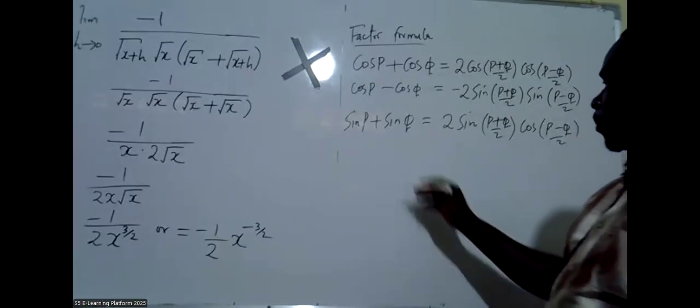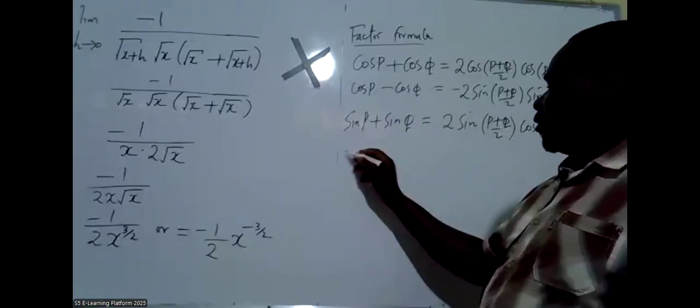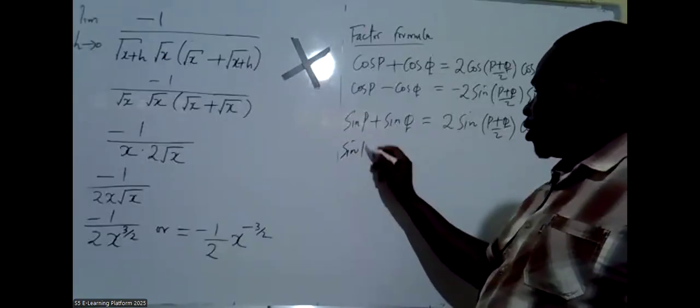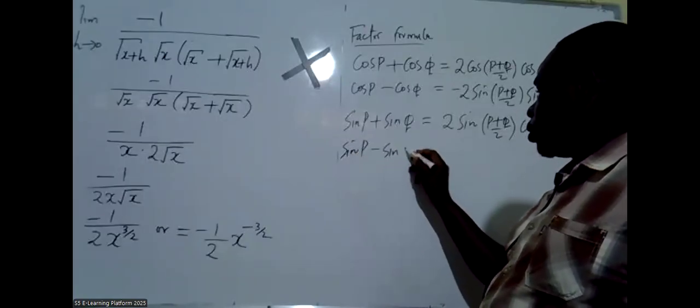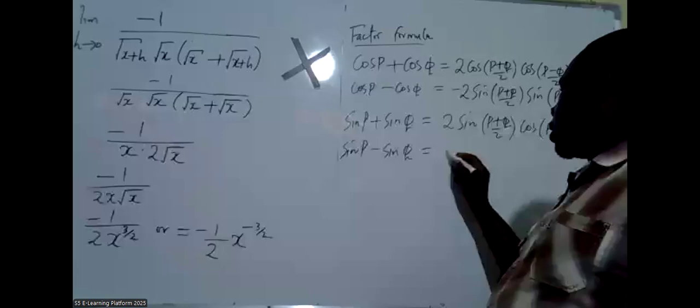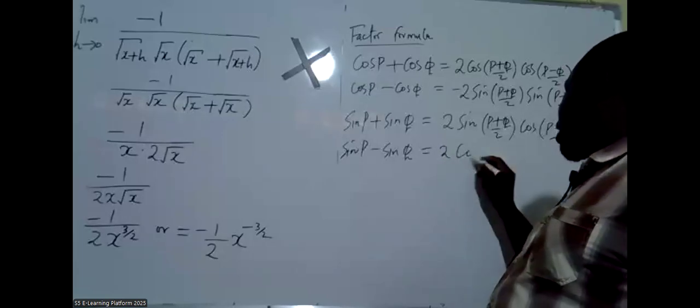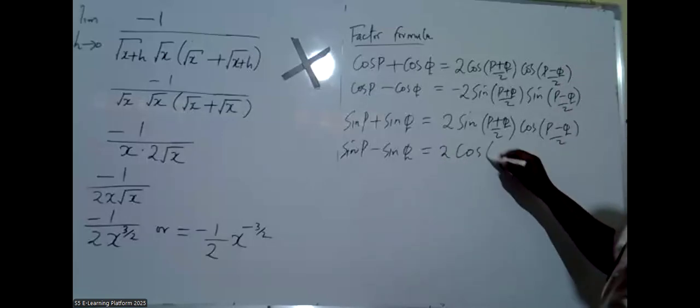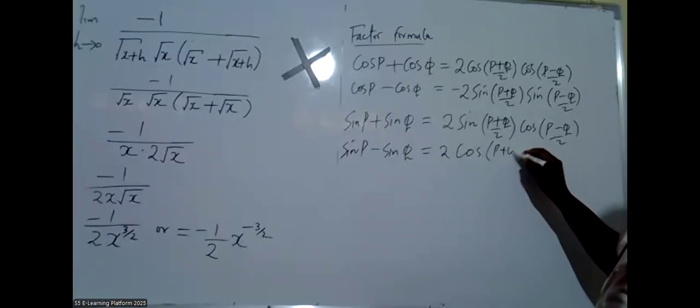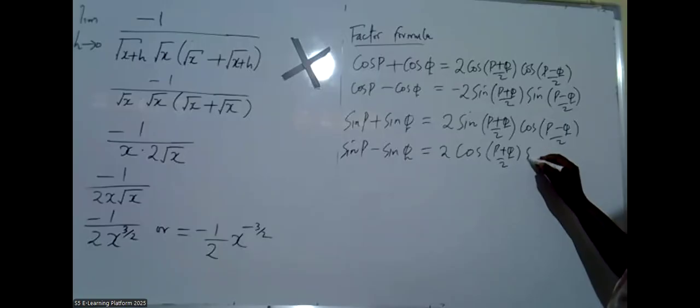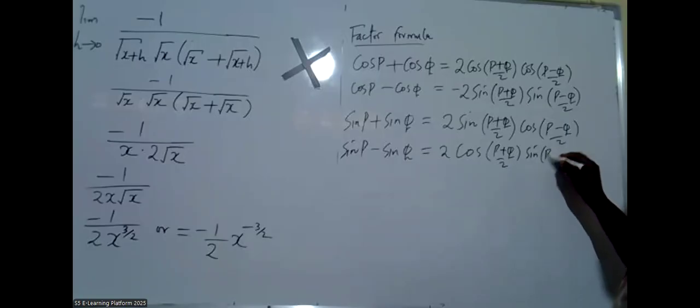And lastly, we said if we have a difference of 2 sines, sine P minus sine Q, we get a 2 cos sine. The first angle, P plus Q divided by 2. The last angle, P minus Q over 2.